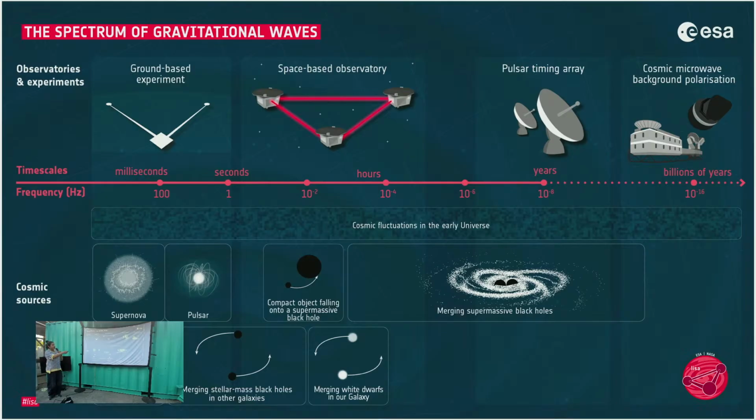And then you can also have cosmic fluctuations in the early universe. Like the cosmic microwave background, which is the dispersed red light in our universe, we also have a gravitational wave background that we get from the Big Bang, which would just be spread across all frequencies, like a hum in the universe. But you can also have this hum coming from merging supermassive black holes.